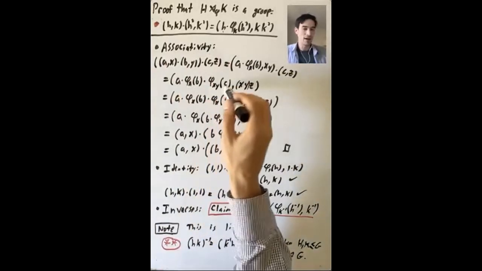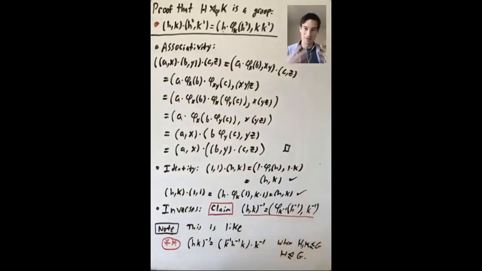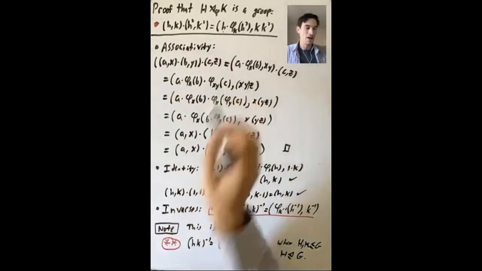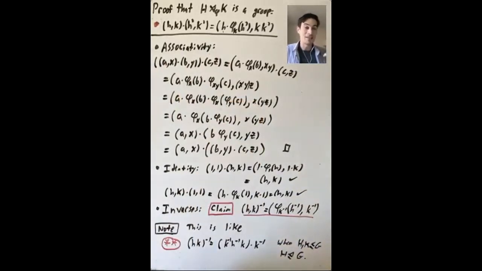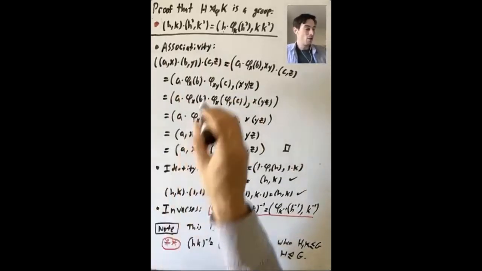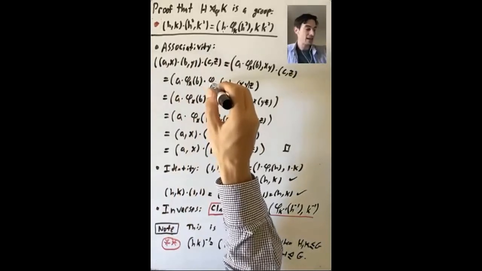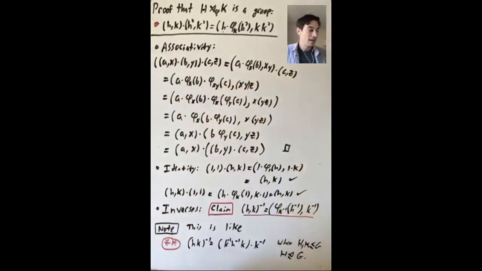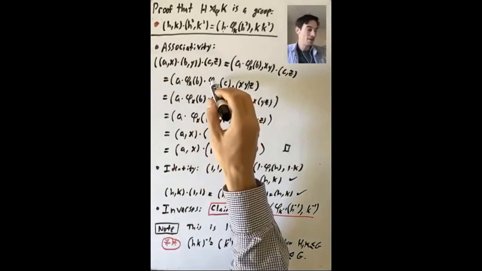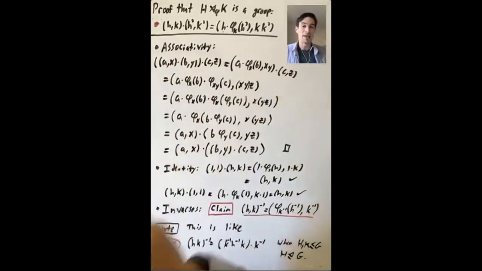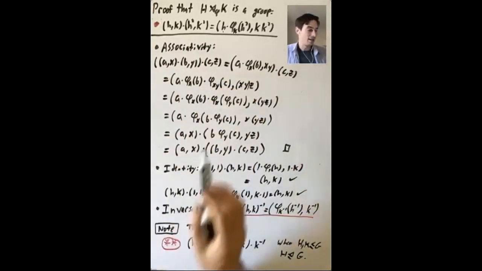Okay, well, what is that? This is a part where it's helpful to really think about what's going on. We know that we have this homomorphism from K to Aut(H). So what is phi of x times y? It's the automorphism phi_x following the automorphism phi_y.